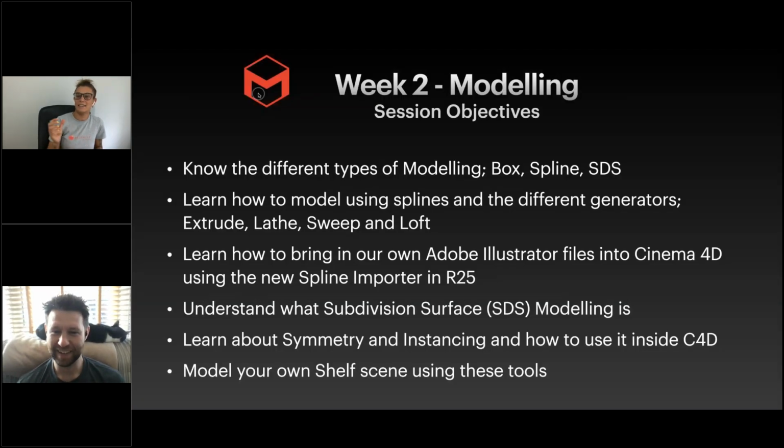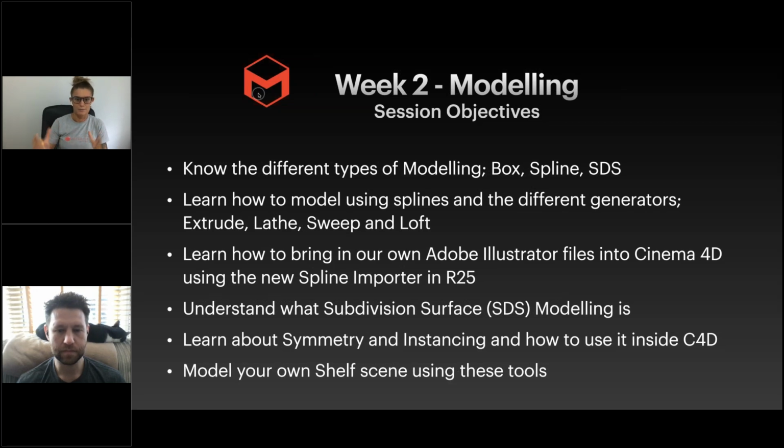A little look at the kind of things we're going to be doing today. As I said, we're going to look at the different types of modeling: box, spline, SDS, which is subdivision surface. We're going to learn how to model using splines and what are called generators inside of Cinema 4D. We're also going to take a look at the great new Spline Importer in 25. Beforehand, we were able to bring Adobe Illustrator files into Cinema 4D if we saved them in a certain way, and they came in as splines.